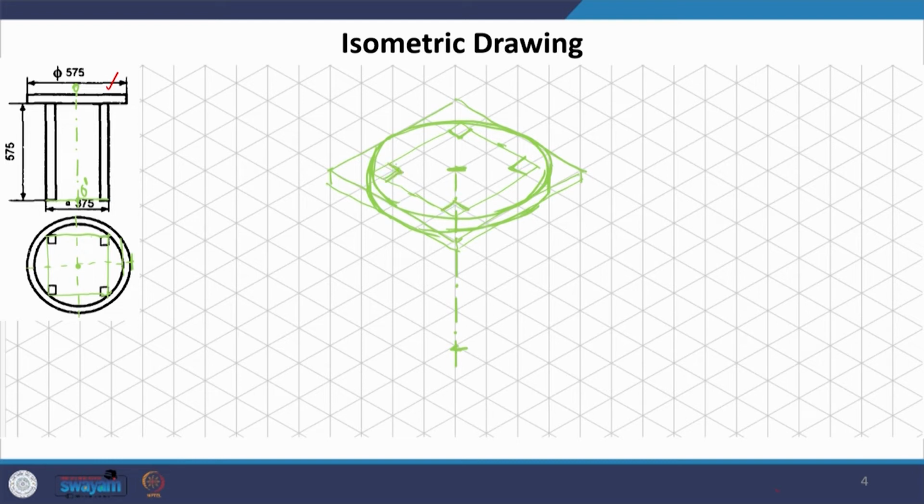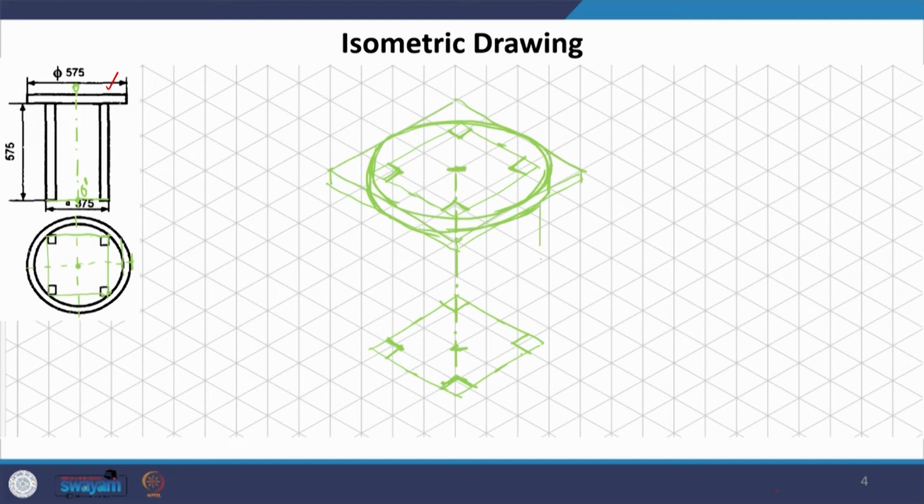I marked it in the top, this is the top one, and exactly in the bottom here we will have the same one marked, and marked the legs in the bottom square also. Now, all we have to do is join them.